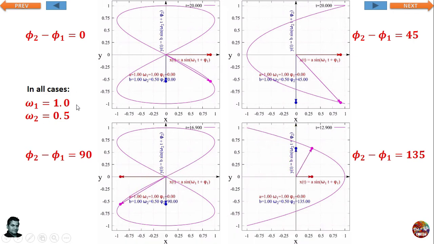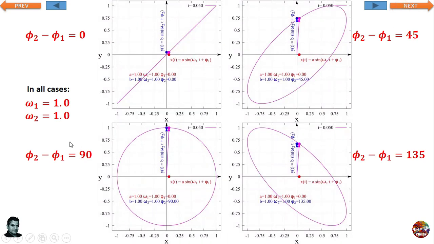Now remember, in all cases the angular frequency is 1 for the horizontal oscillator and half for the vertical oscillator. So the vertical oscillator is a little slow compared to the horizontal oscillator.